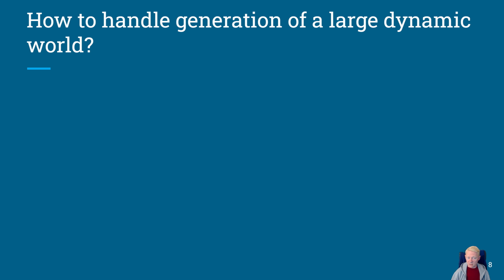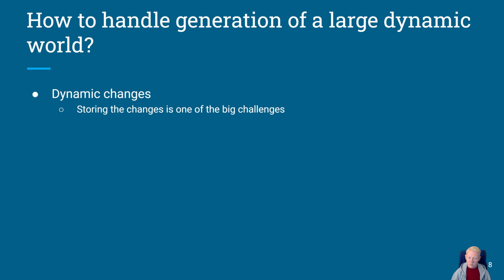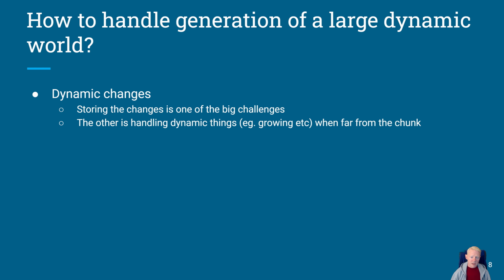Now, there are other aspects to this when we're dealing with a large dynamic world. Dynamic changes, which we already touched on a little bit in terms of modifying the chunks and how we handle that. So storing of that information is a big challenge and an area to consider early on. The other is how we handle things that can grow or change when we're nowhere near it, because we want stuff to keep going in the background.